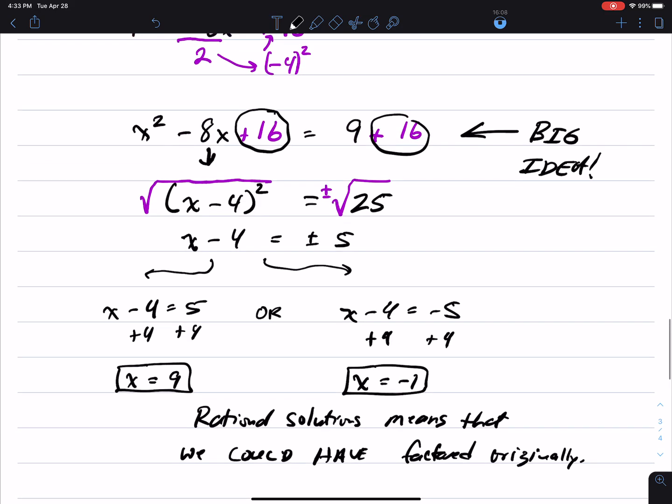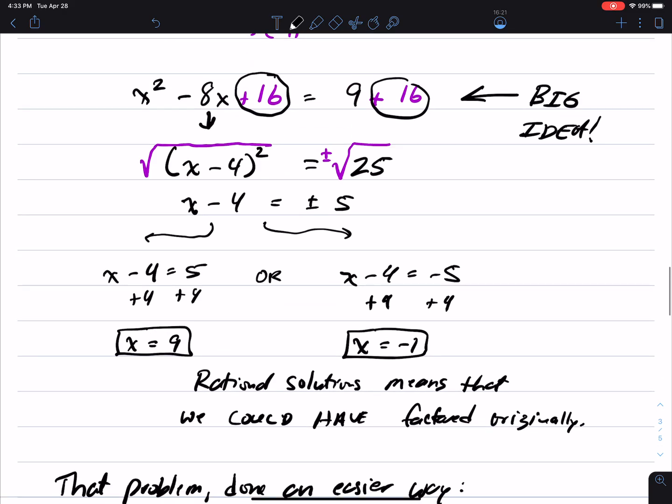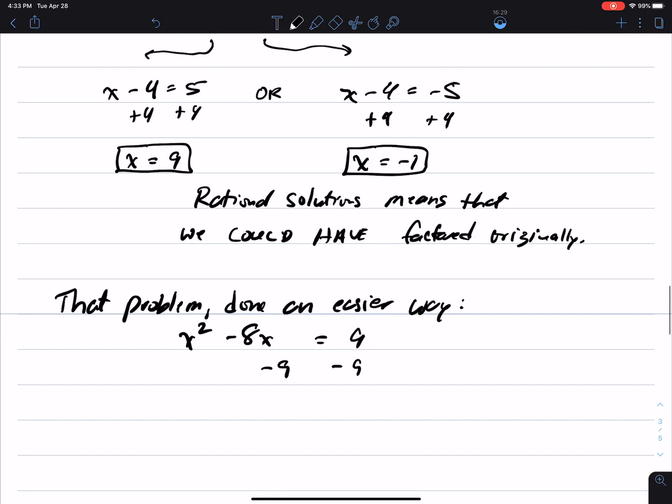But let me show you that problem again, done an easier way. But we don't want you to do this in the homework, just FYI. So what did we have? We had x squared minus 8x equals 9. We could have just subtracted 9.